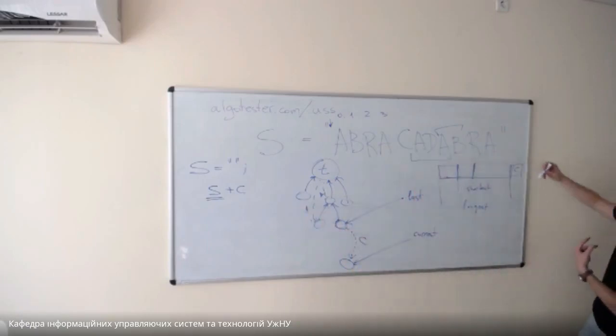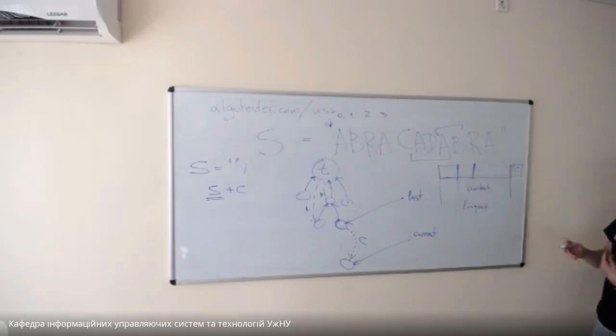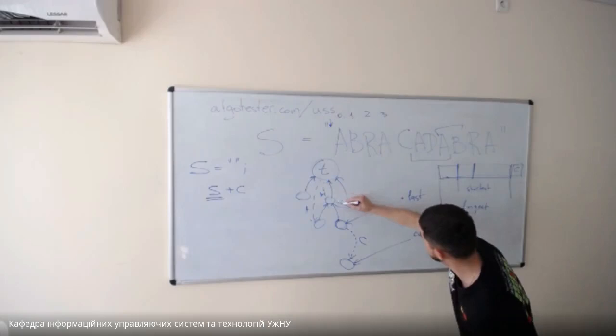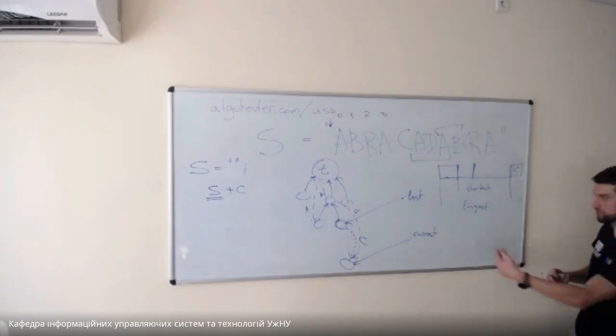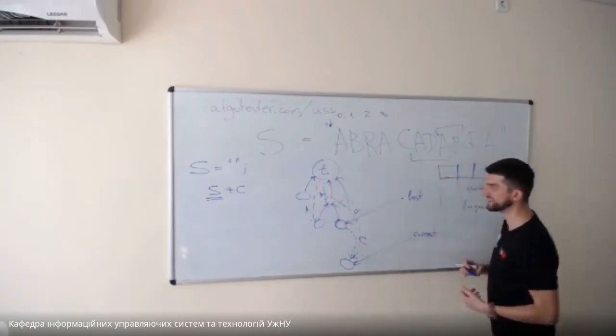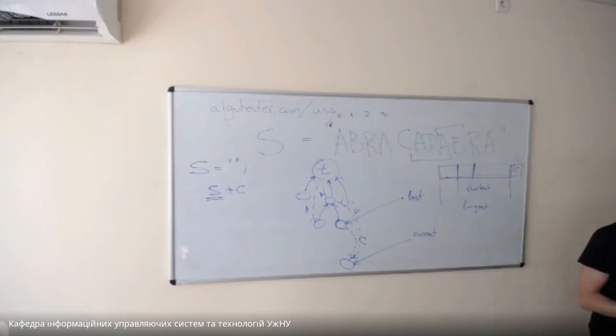And since we are appending character C from the right, this also has to be resolved by adding a transition with character C on it. So what we do, we move up via suffix links until we get a collision. So what is a collision?